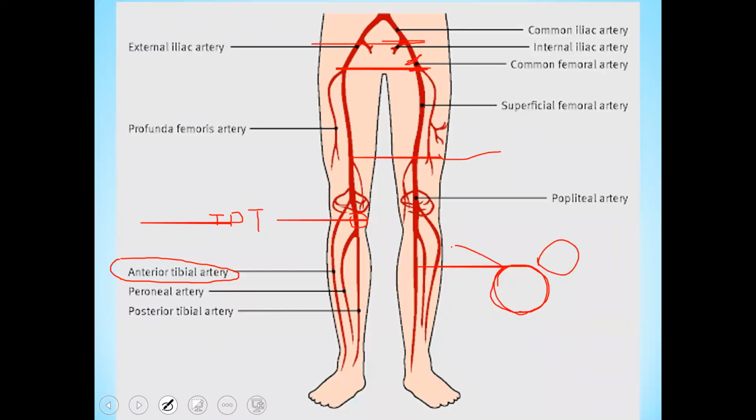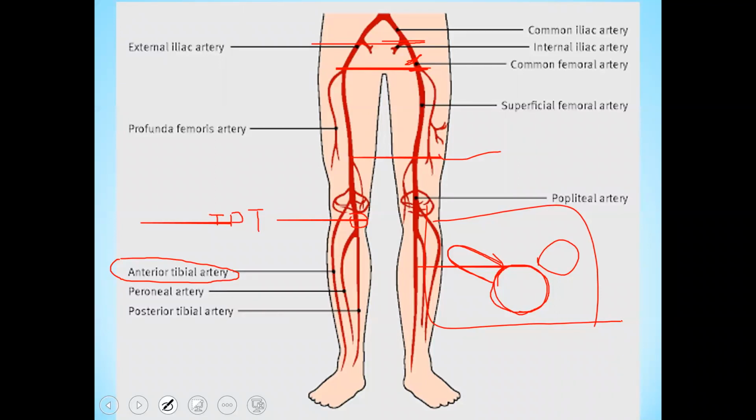And this femoral vein is joined by the great saphenous vein, and this appearance looks a bit like a Mickey Mouse. That's why this is called the Mickey Mouse sign.